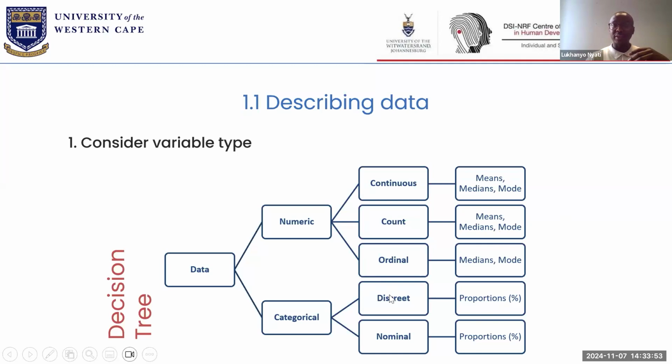Now, the difference between the discrete and the ordinal is that there is a level of hierarchy between the groups. The ones with a moderate disease are worse off compared to the one with a mild disease, and the one with a moderate is better off compared to the one with a severe disease.